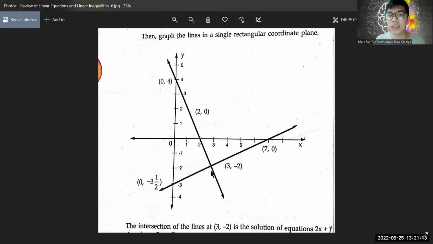In which case, dapat ang maging intersection nitong mga coordinates is should be the same with the values that we get using substitution or elimination method, which is 3 and negative 2 also.